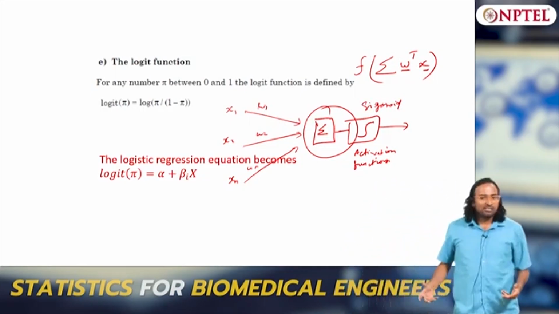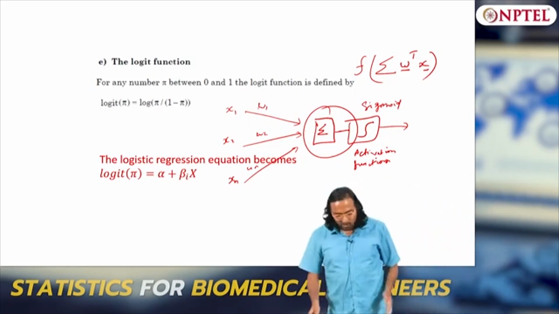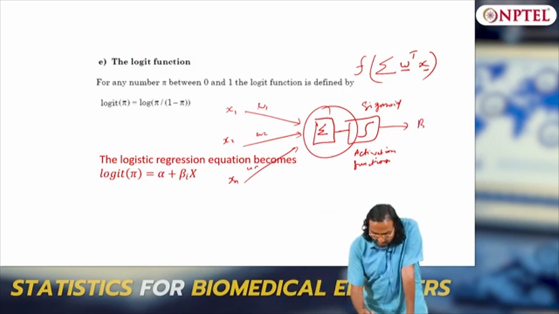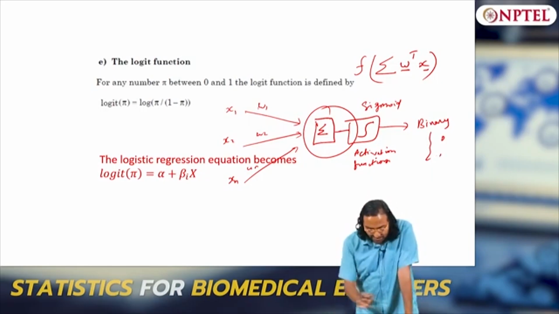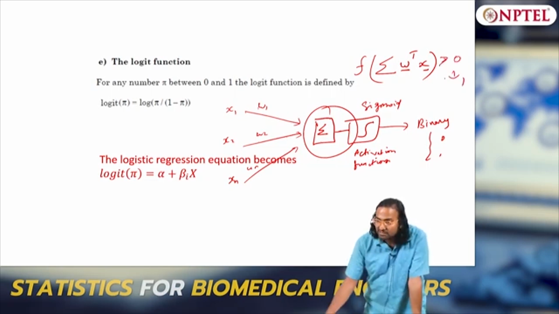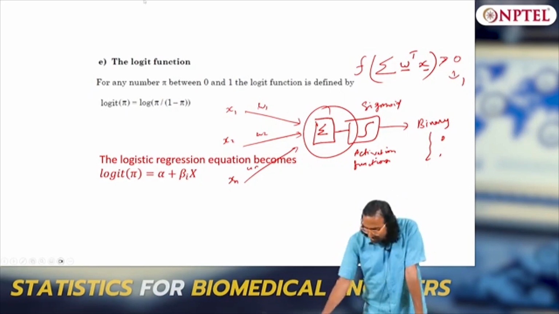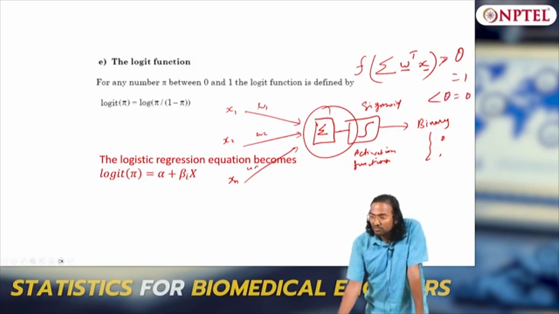So now look at this, this is exactly your logistic regression. Your output is typically binary, 0 or 1, right. When this function is greater than some threshold, you can call it greater than theta, then the output is 1, if it is less than theta it is equal to 0.